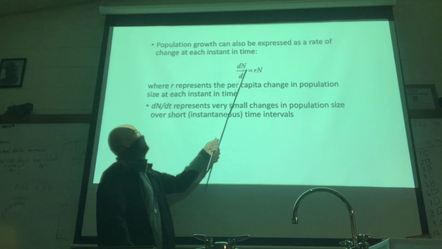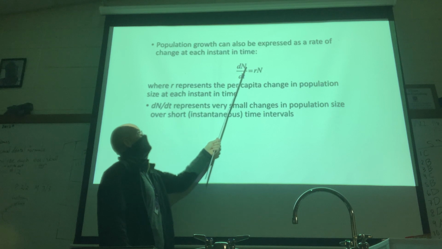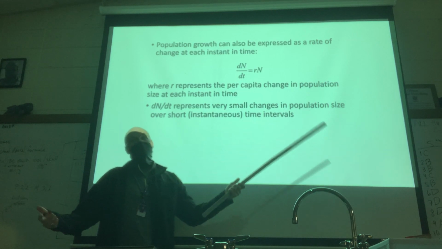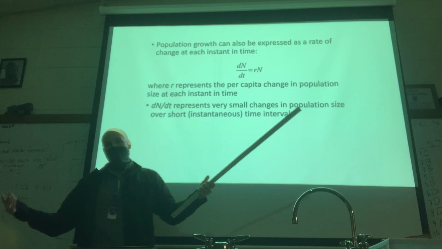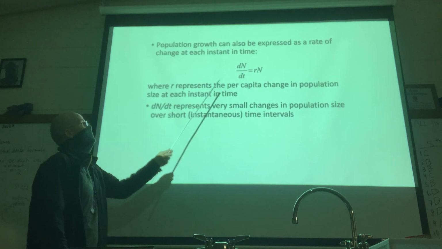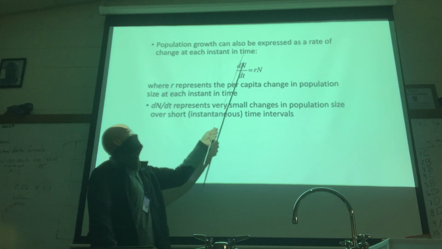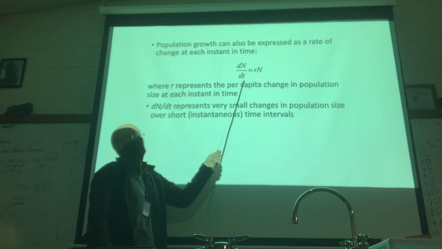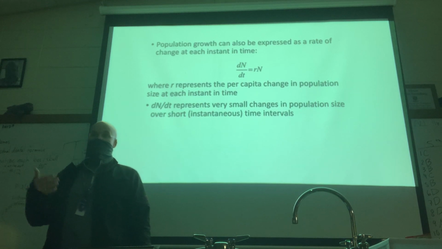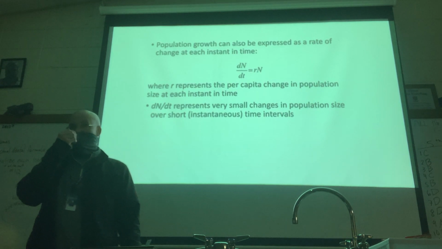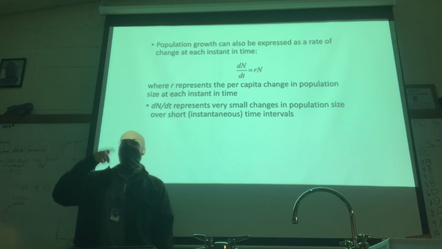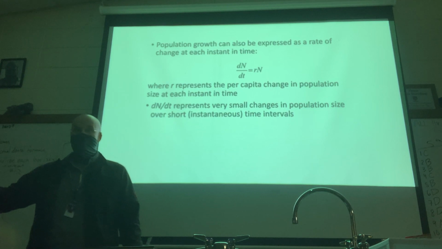That's what this uppercase N refers to. What's lowercase t? Time. So we're talking here about a function of the size of a population over time. So this is an equation that helps us determine and predict population size.